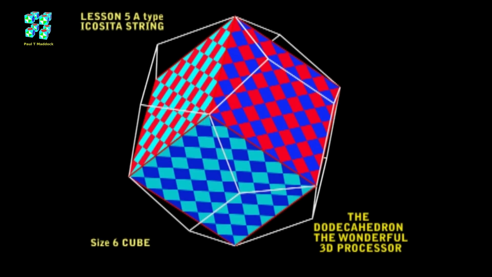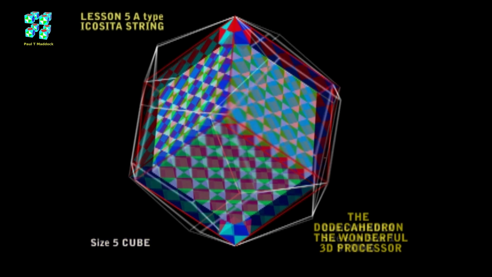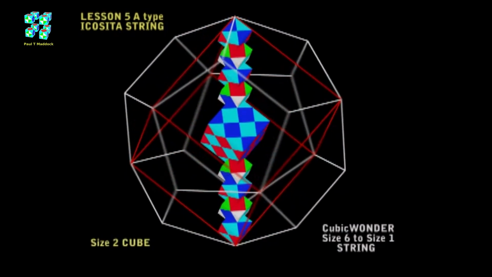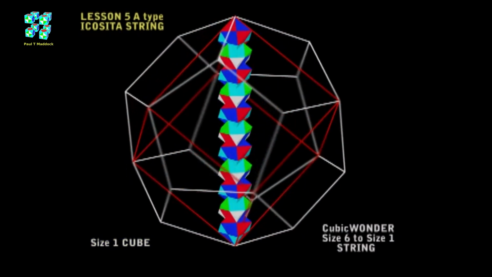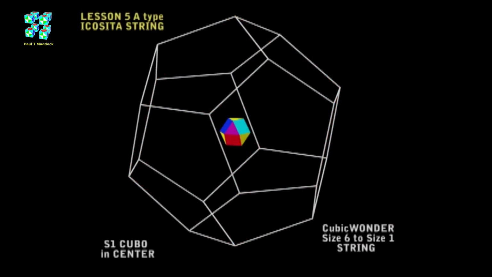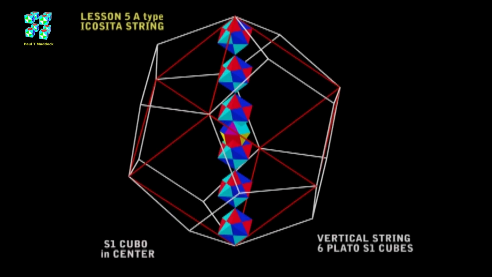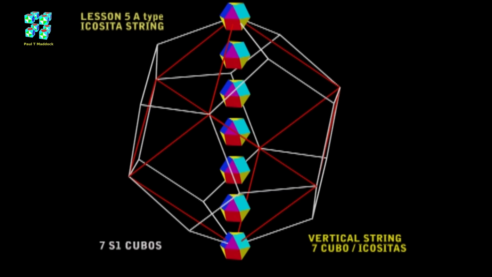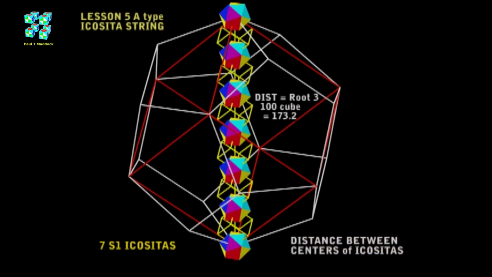In this lesson, I'm going to show the morphing and how the cubes line up in the diagonal, going from size 1 cube to size 1 cube octahedron to size 1 icosas, and show 7 in the string. I also show the long diagonal of the size 1 cube, which is 173.2, that's root 3.